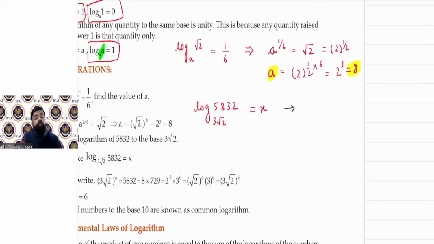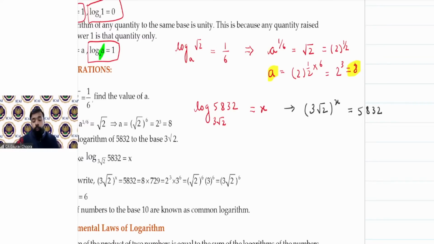First of all, we will convert this into exponential form. So the base we are writing is 3 root 2, and what about the power? Power is x. So we have written the power x, and it is equal to 5832. 3 root 2 to the power of x is equal to 5832. All right.